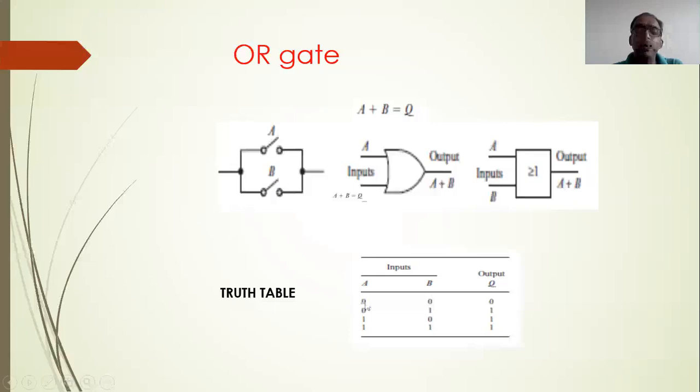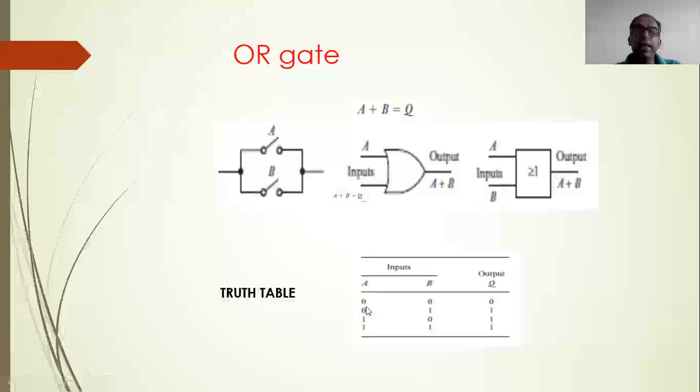If A is 0, so A is off and B is off. We are talking about OR gate, so either A or B will do. So if A is off and B is off, output Q will be 0 or off only.